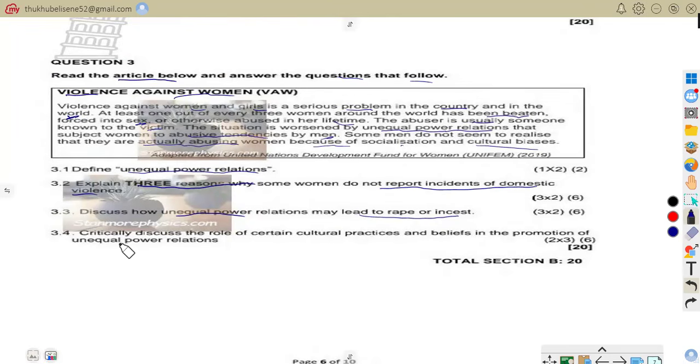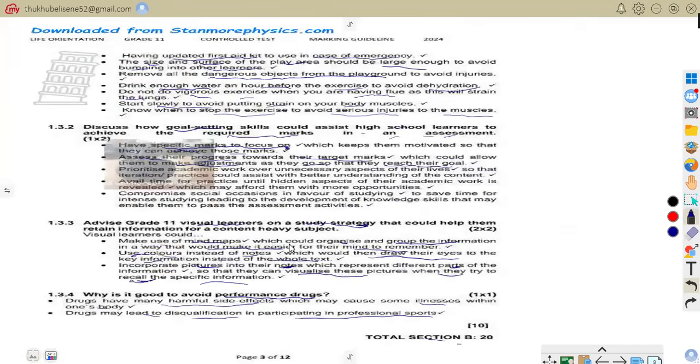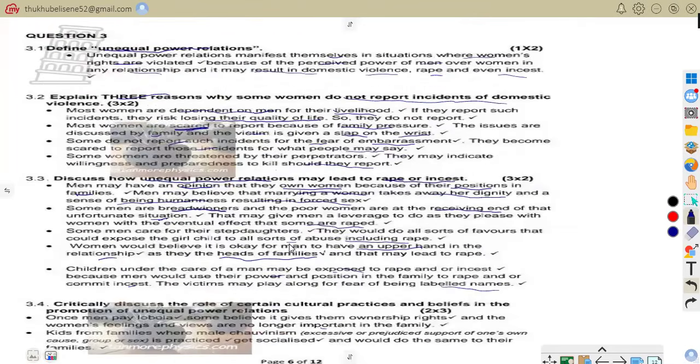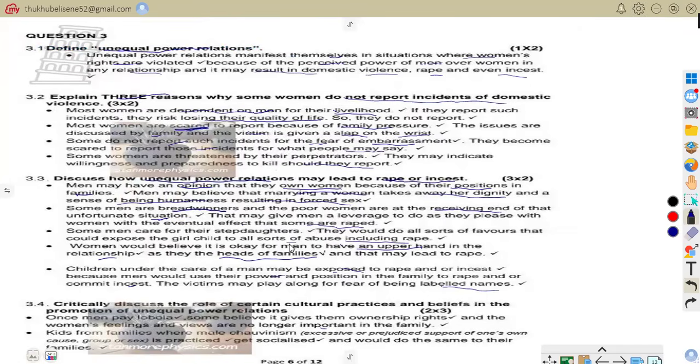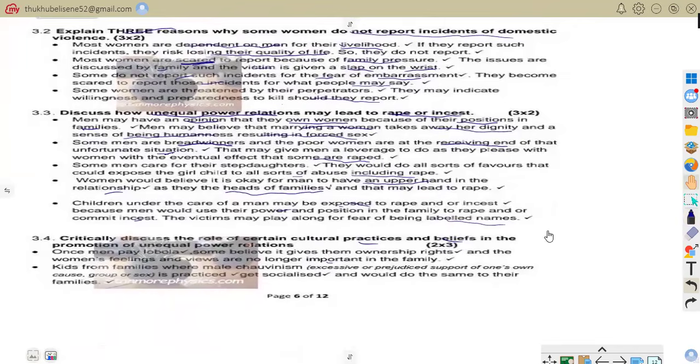3.4, which is the last question: critically discuss the role of certain cultural practices and beliefs in promotion of unequal power relations. So here we are on 3.4, where we are asked to discuss the role of certain cultural practices and beliefs in promotion of unequal power in relations.